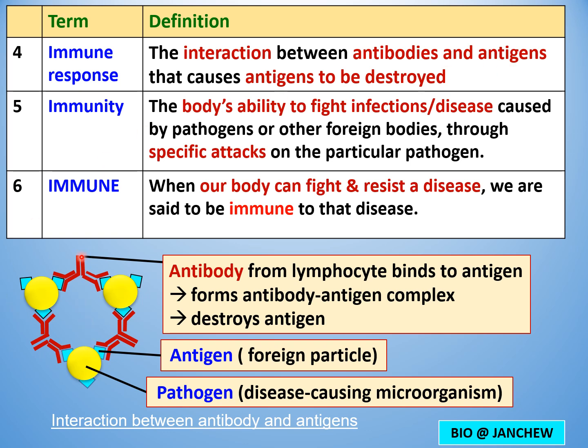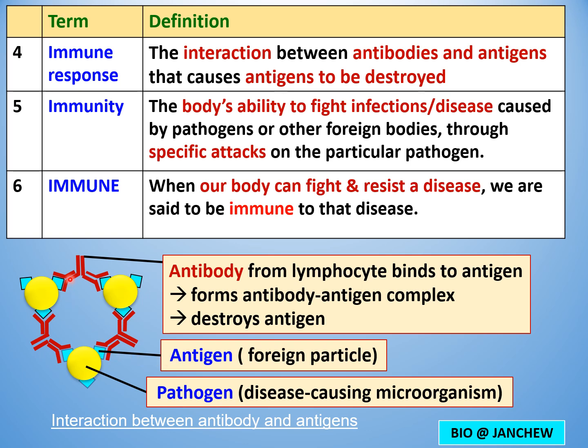This picture shows you the Y-shaped antibody. It binds to the antigen. This structure here is the pathogen, and the molecule on the surface, maybe a protein molecule, is called the antigen, the foreign particle that is recognized by the immune system.